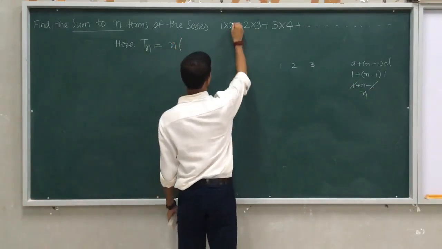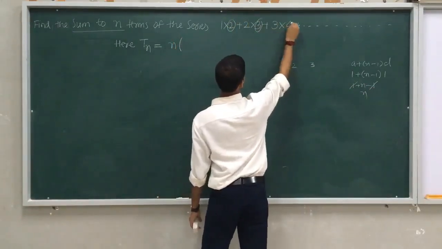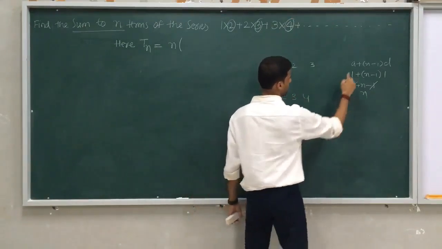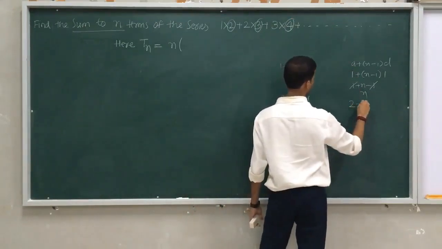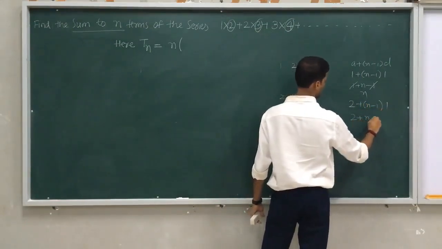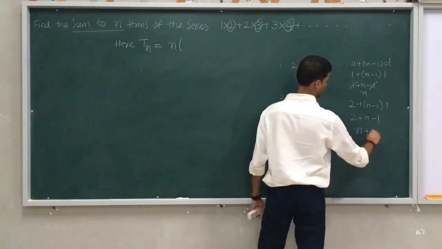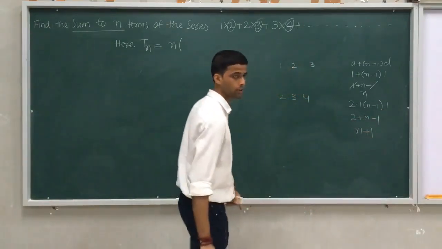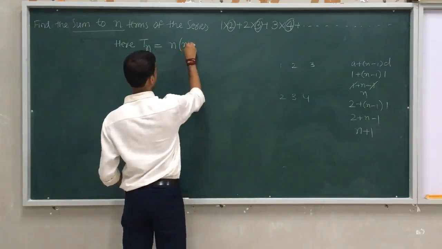Into, look at the second factor: 2, 3, 4. Same formula: the first term is 2, plus n minus 1 into 1, so it is n plus 1. So I can say Tn is n into n plus 1.